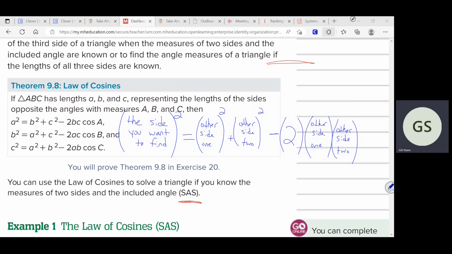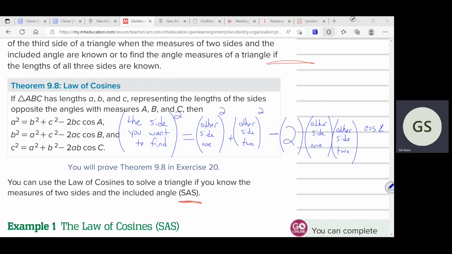And then this is really tricky to write. We're going to take the cosine of the angle that is the corresponding angle to the side we're trying to solve for. I don't really even know how to write that in a short version. But it's the cosine of the angle.